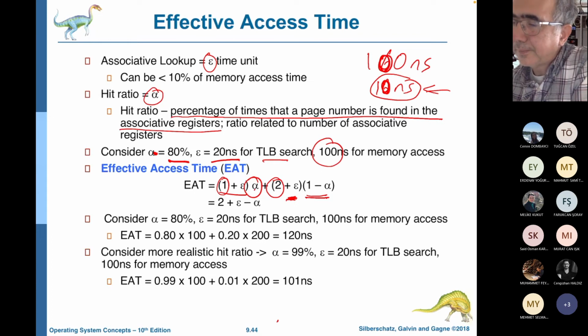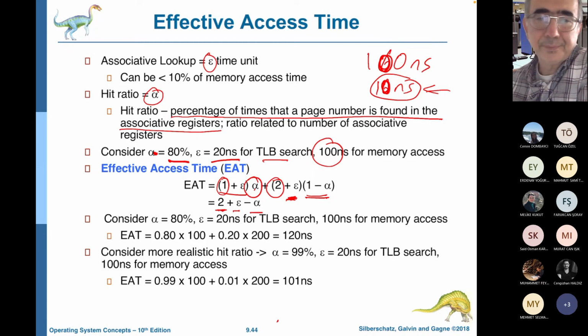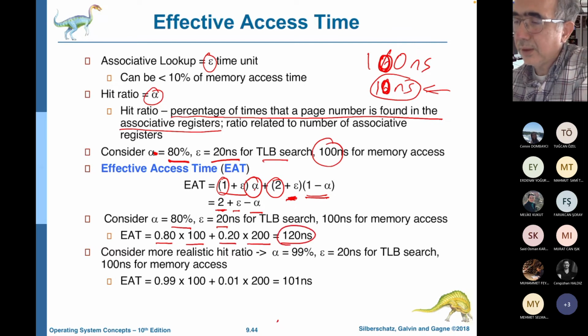So this part is 2 plus epsilon minus alpha. If alpha is 80% and epsilon is 20 nanosecond, 80% times 100, which is the access time, plus 20% times 200. That makes 120 nanosecond.